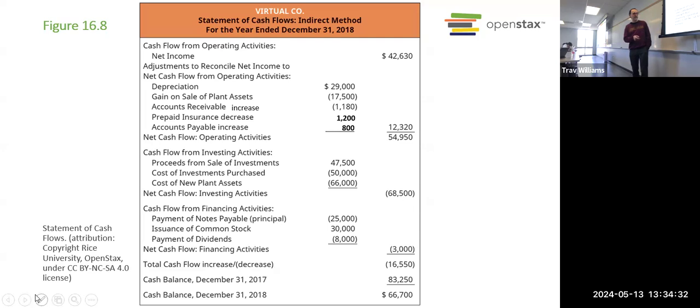Okay, then we add that to our beginning cash balance. Of course, it's a negative number, but you can add negative numbers. So we take our negative cash flow, add it to our beginning cash balance, and that gives us our ending cash balance. And we can go back to the balance sheet and see, did cash go from 83,250 to 66,700?